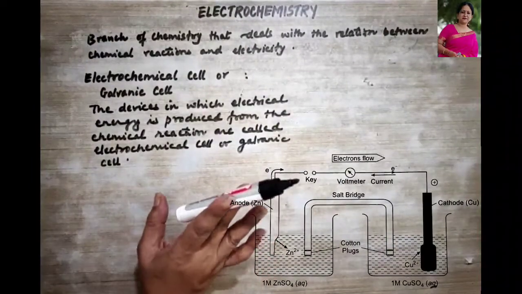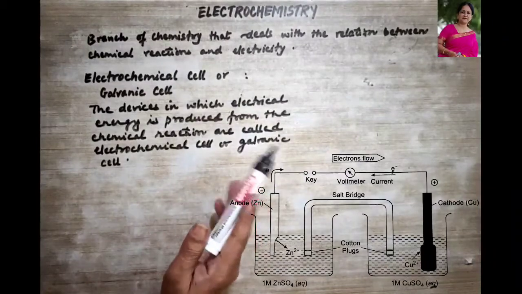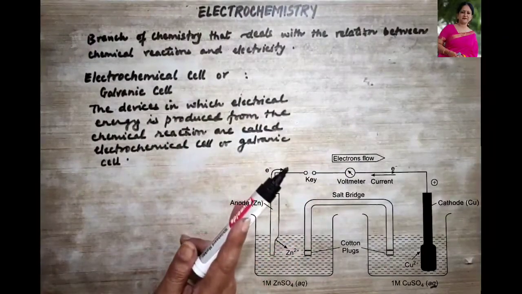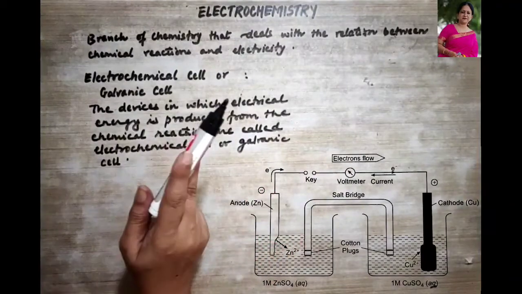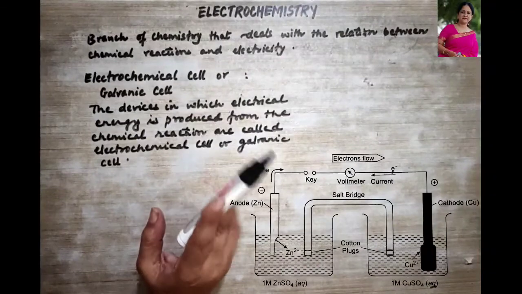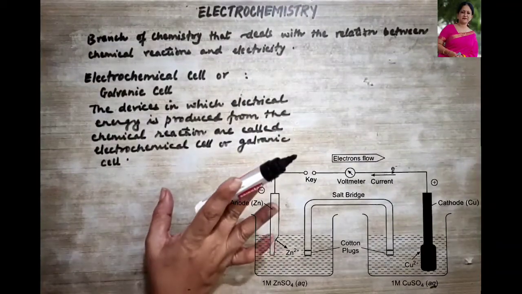Right? So the example over here is your Daniell cell or the galvanic cell. If the electrodes are externally connected, then at the zinc electrode oxidation will occur and it will act as an anode, right?